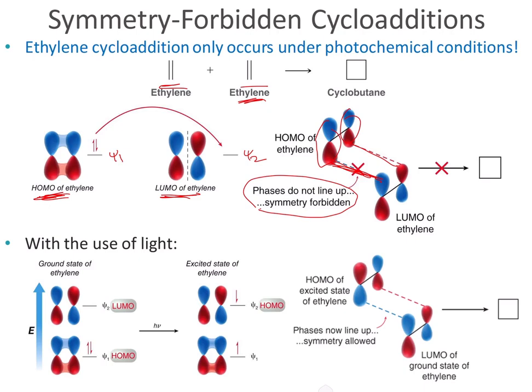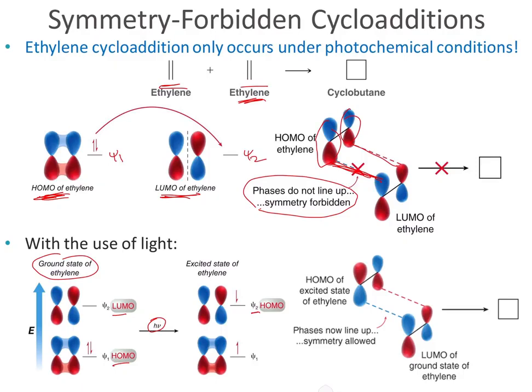However, with the use of light of appropriate wavelength, we can excite an electron from HOMO to LUMO. So let us take the ethylene at the ground state, HOMO, LUMO. If we use light, we're going to excite an electron, so the upper orbital is going to have an electron. What does that mean?